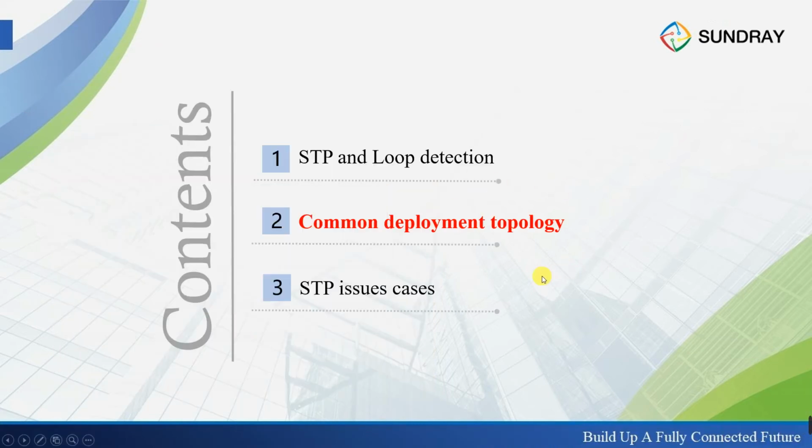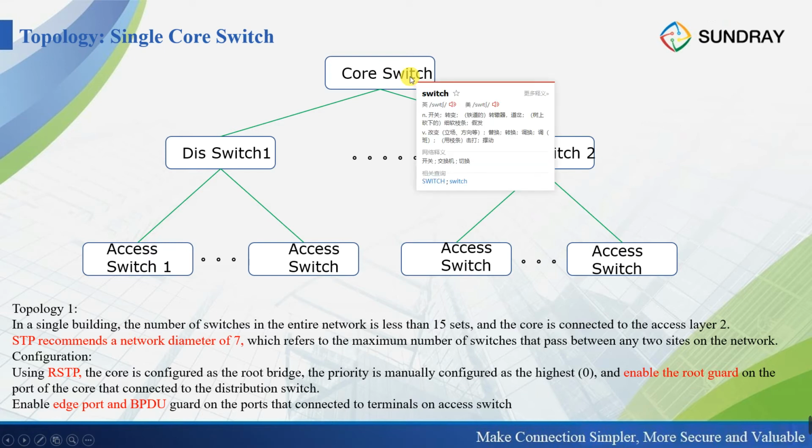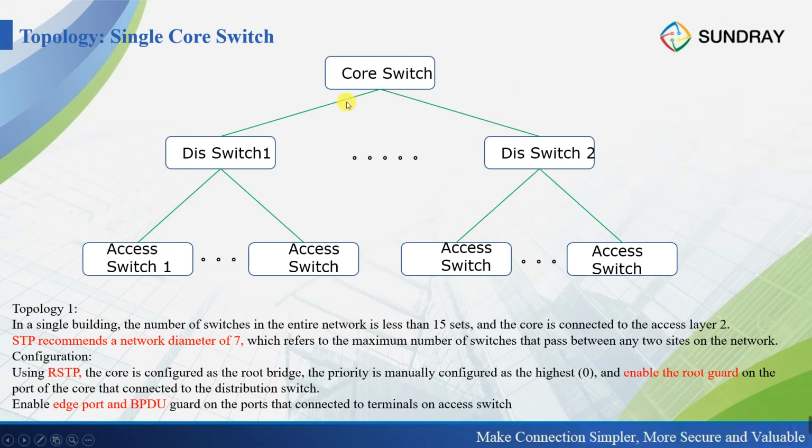And now let's see these common deployment topologies. The first one is one core switch and several distribution switches. This is a single building, so this network is not that large. So we just configure this core switch as the root switch, and then enable root guard on these two ports, and also we use RSTP.